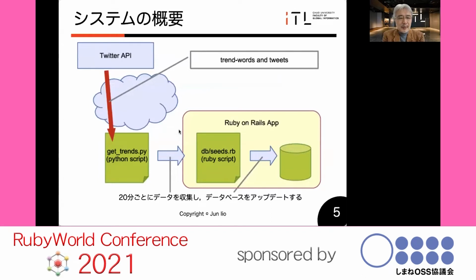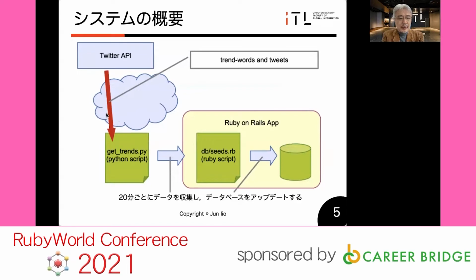I hope you like it and find it interesting, and this is how we create this system and operate it. As I mentioned before, this is an application on Ruby on Rails, but the original data is from the Twitter API, the trend data and the trend-related Twitter data. We capture the data from the tweets on Twitter and put it into Ruby on Rails.